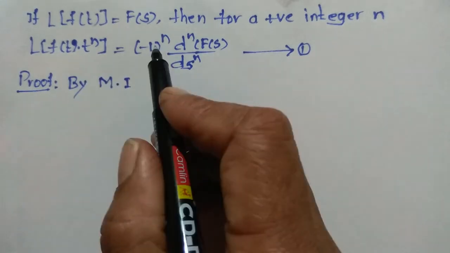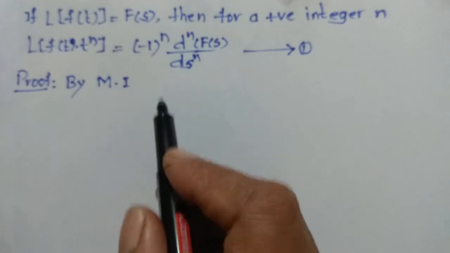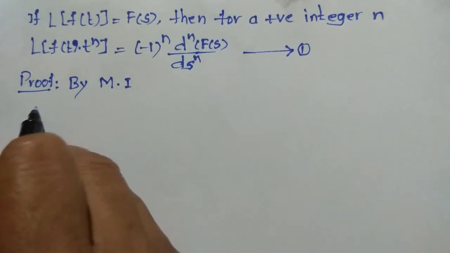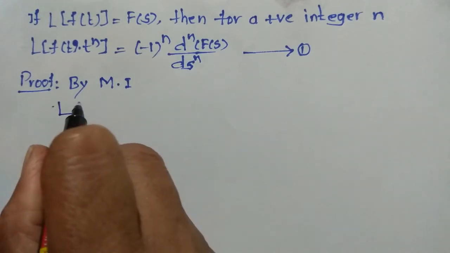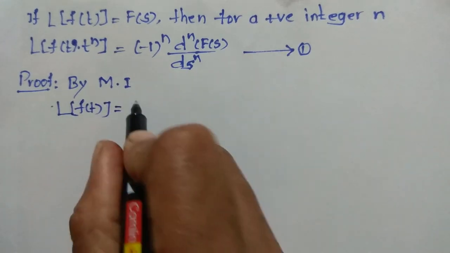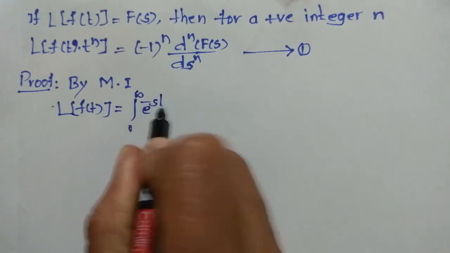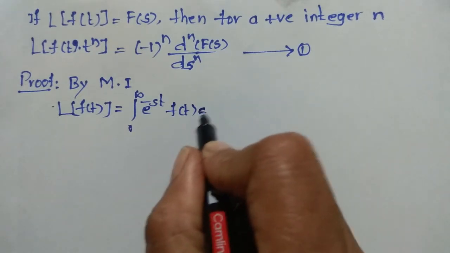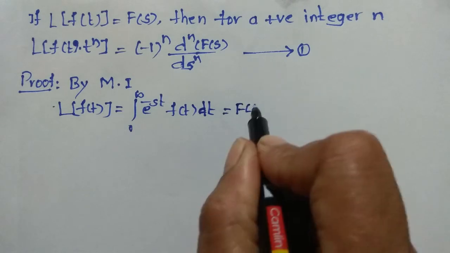That is, the result is true for n equals 1, n equals m, and n equals m plus 1. Now, by the definition of Laplace transform, we have Laplace of f(t) is equal to the integral from 0 to infinity of e raised to minus st f(t) with respect to t, and this can also be written as F(s).